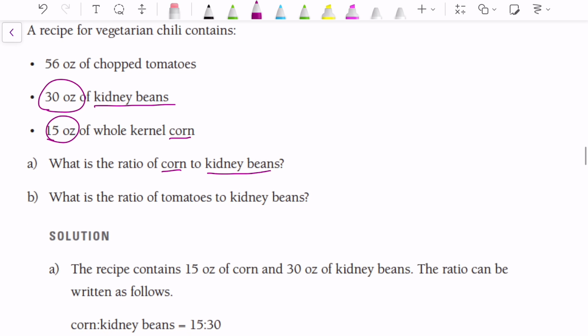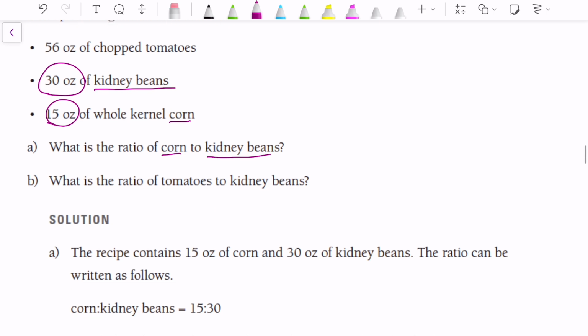The ratio can be written starting with the word corn, then your colon, and kidney beans. Because of the way the question is asking, corn comes first and kidney beans second, so we apply that same order.